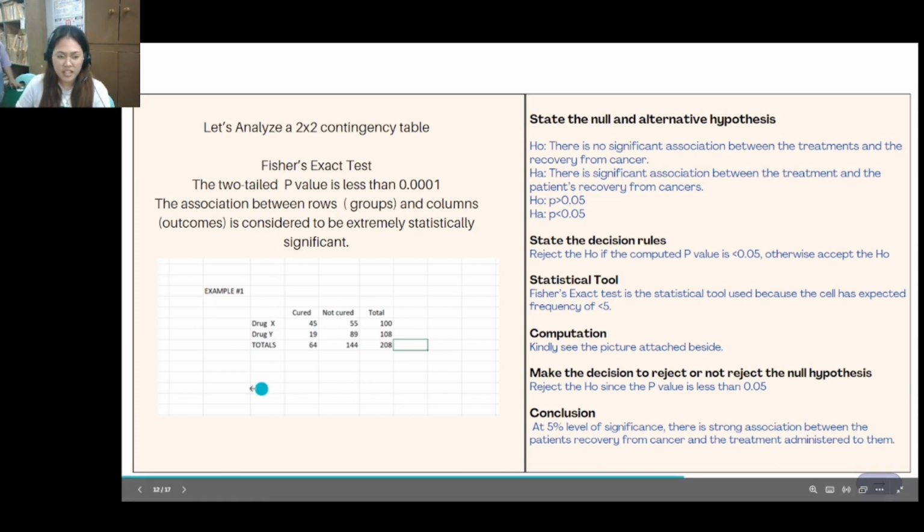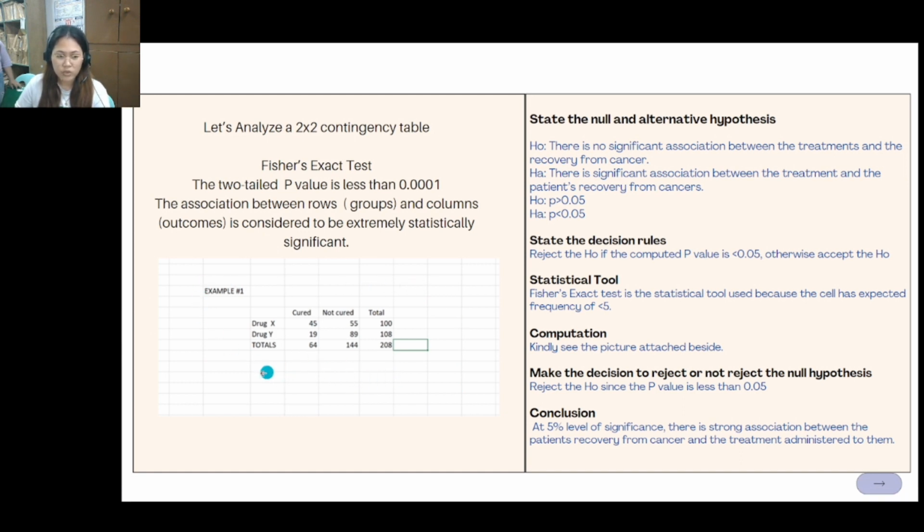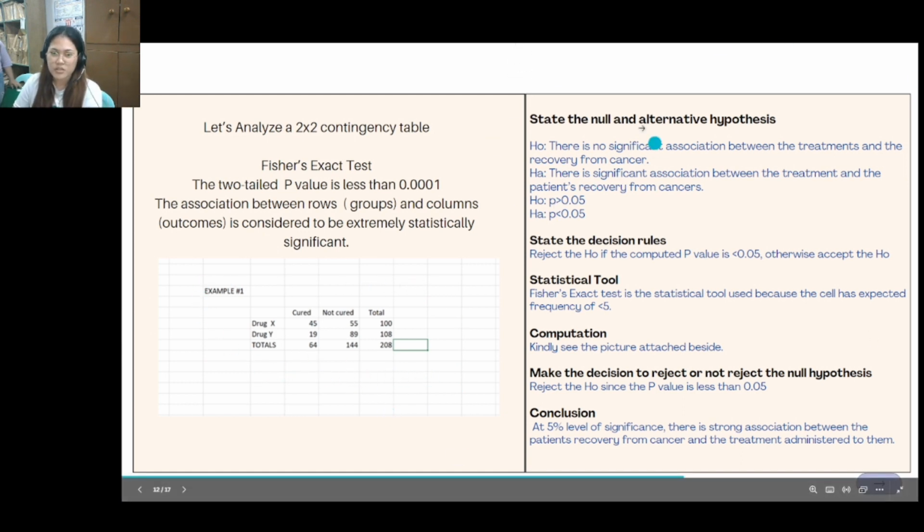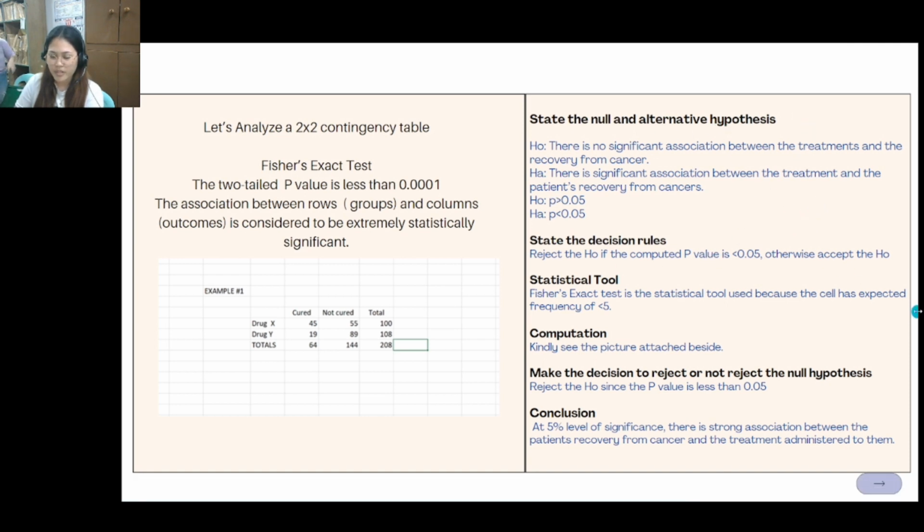So here again, this is the 2 by 2 contingency table. First step, we need to state the null and the alternative hypothesis. H sub 0 is our null hypothesis: there is no significant association between the treatments and the recovery from the cancer.